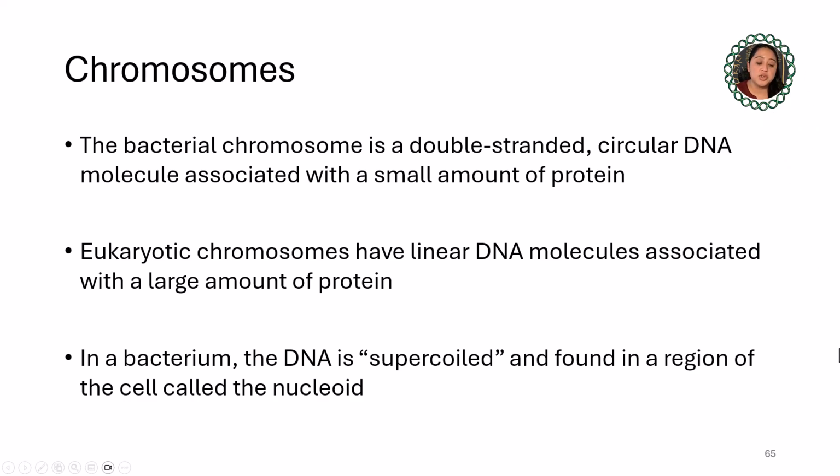Meanwhile, eukaryotic chromosomes have linear DNA molecules associated with a large amount of protein. And also location-wise, in prokaryotes like bacteria, the DNA is supercoiled and found in a region of the cell called the nucleoid, as opposed to in eukaryotes where most of it is in the nucleus.